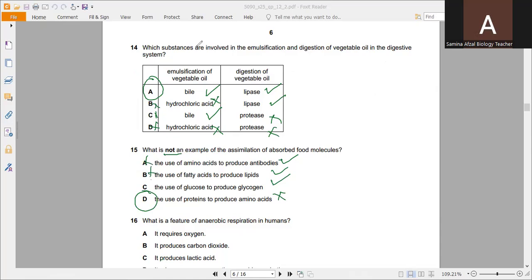A, B, and C are not the correct statements. So D is the correct option. Answer is D because they have used the words not an example. So D is not a correct statement according to the question.